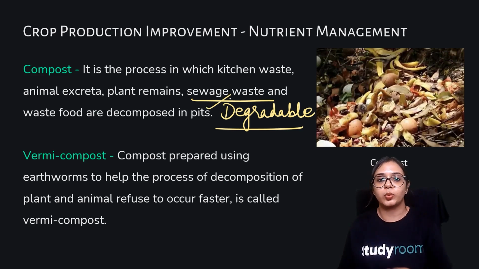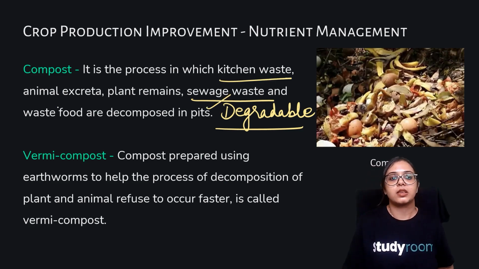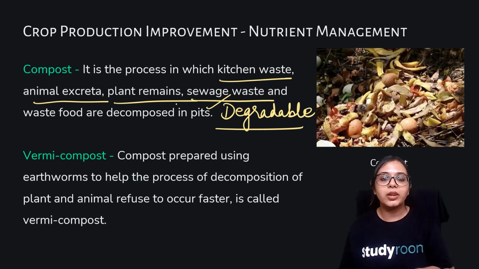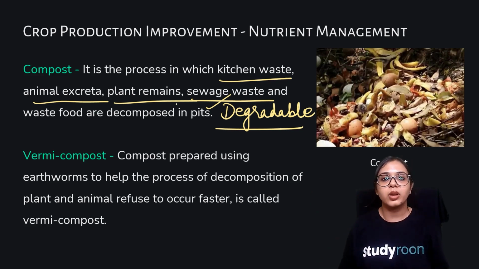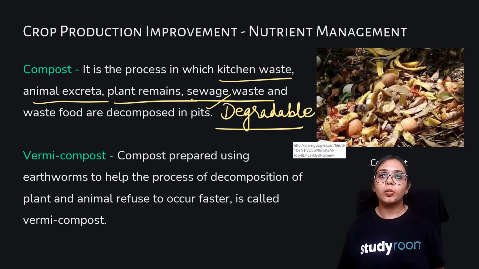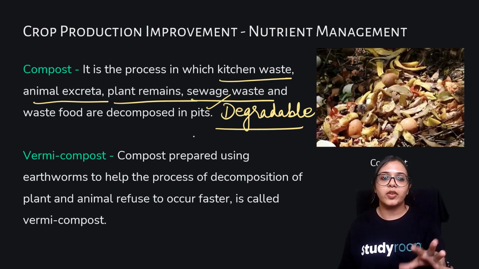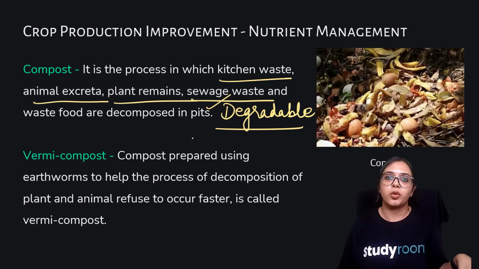So degradable sewage waste or kitchen waste, animal excreta, animal refuse, and plant remains are decomposed in pits. Large pits are dug in the ground, and these wastes are dumped, some water is added, and they are covered so that the bacteria can act on them and decompose them into a very greenish fertilizing texture that can then be spread onto the soil.